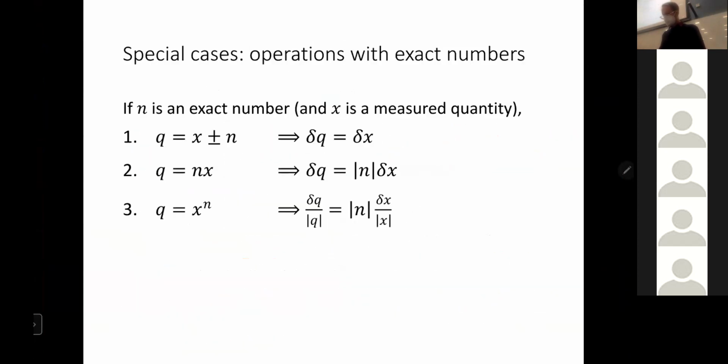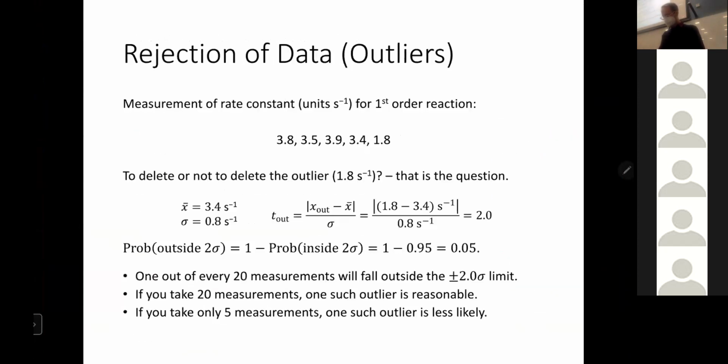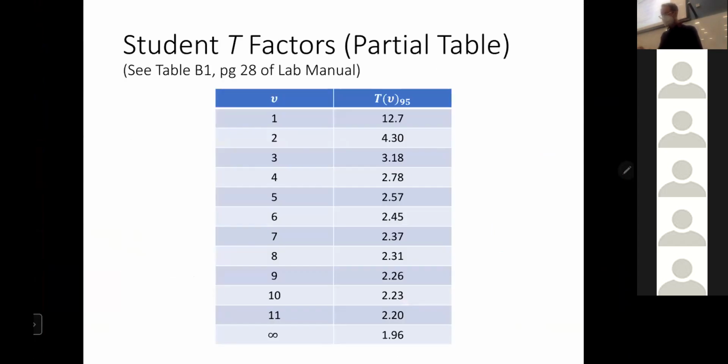It's way back here somewhere. Here's the student T factor table. The number of measurements that we made was 4, and the student T factor we want to use is n minus 2. So in this case, it's 2. So the T factor from this table is going to be 4.3.